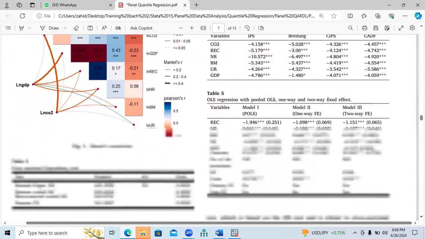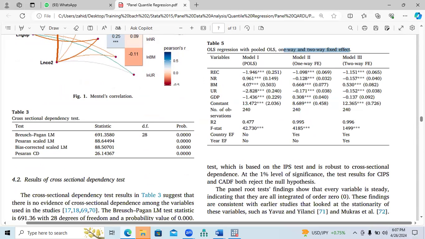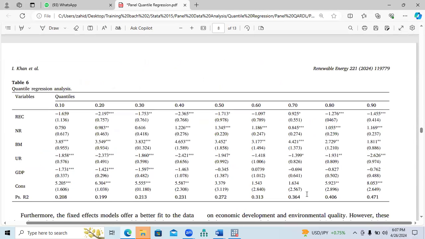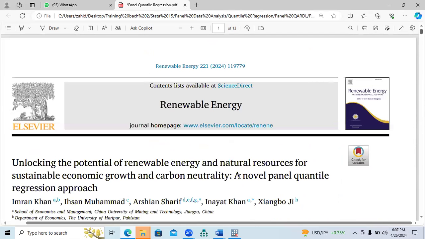Then they have provided the static panel results like OLS regression, pooled OLS, and fixed effect estimations. And after that, they have considered the quantile regression in this way. So this is the procedure that you need to follow when you are considering a novel panel quantile regression approach. So this is all about today's session.